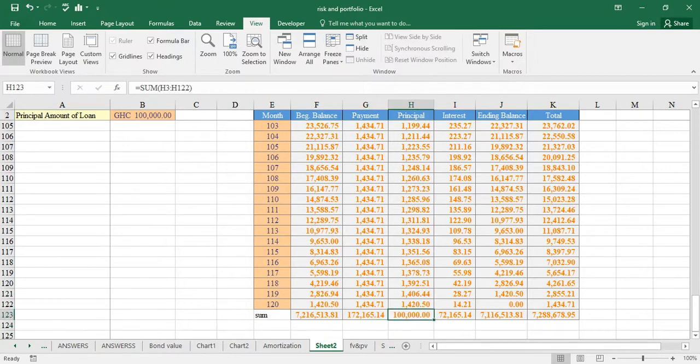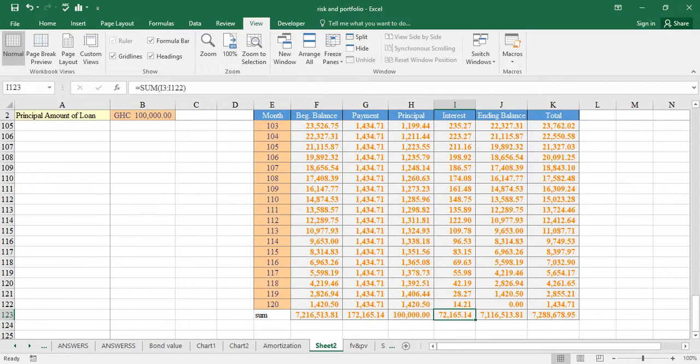That is the amount we took from the bank, and that is the principal, as we can see here. And the total interest was 72,165.14 Ghana cedis.